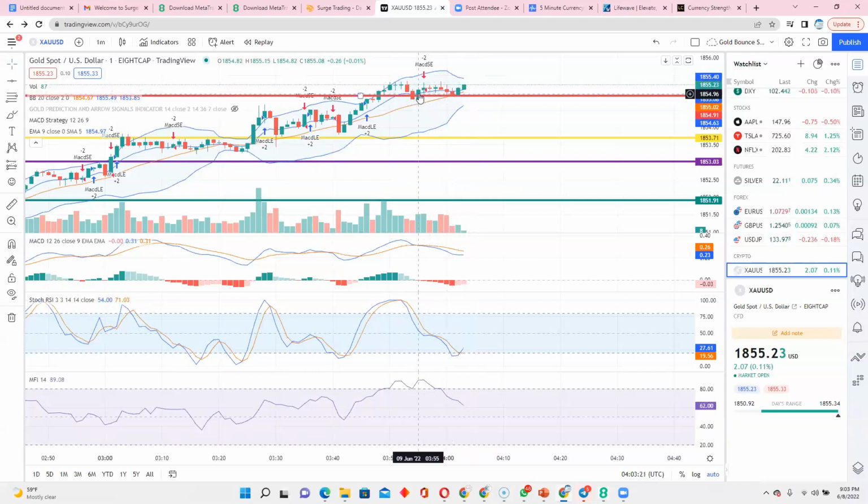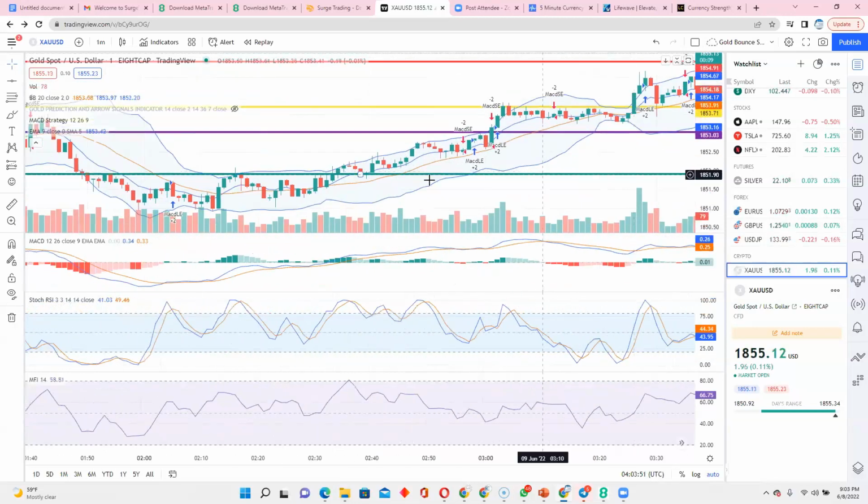It's been very consolidated just right here to right here. Yeah, gold has gotten a little weaker. That is true. And it's just very rangy today.